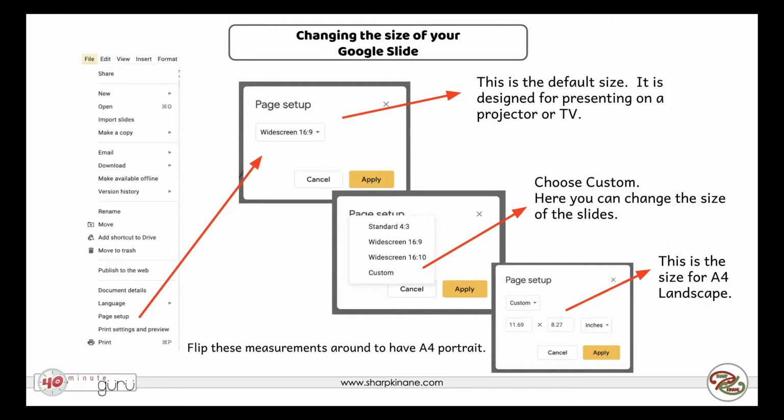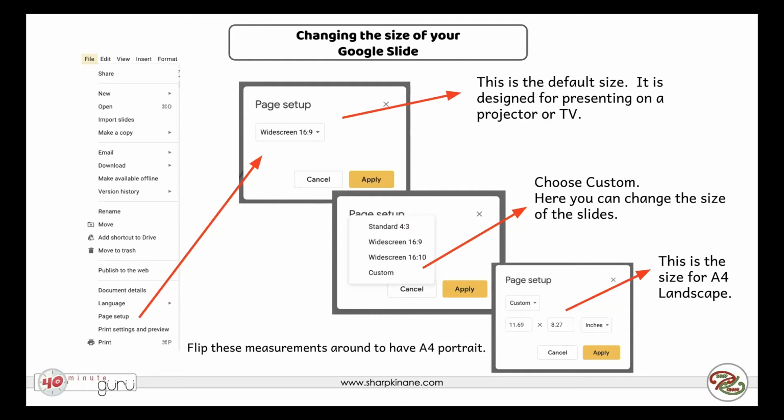So its default setting is for projection on projectors or TVs. But because Google Slides is such a great tool for uploading photos and images and for easily formatting them on the page, it would make sense to be able to change the size of the paper. And you can do exactly that.